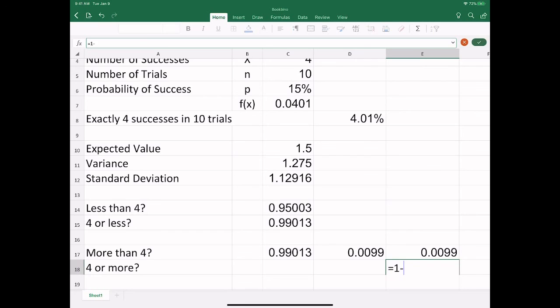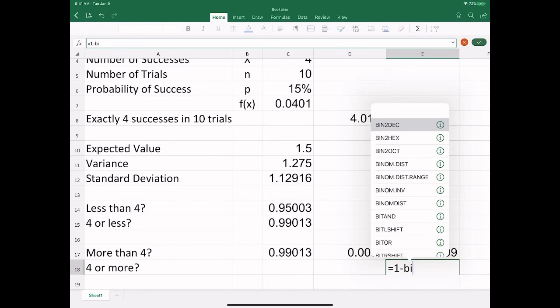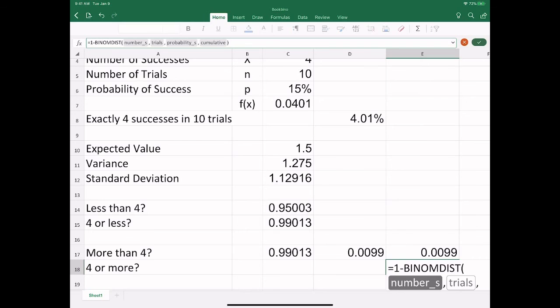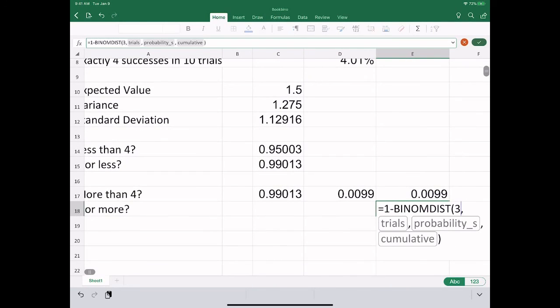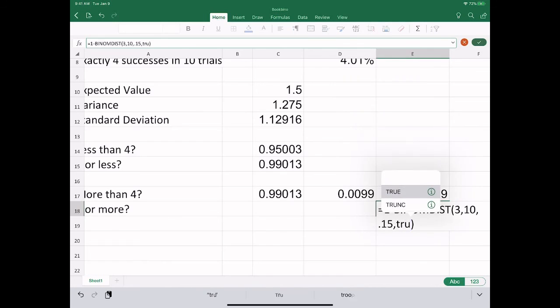If I want 4 or more to be included, the highest number I'm not interested in is 3. So I'm going to put in my binomial distribution. Number of successes in this case is going to be 3. Number of trials is going to be 10. Probability of success is going to be 0.15. And cumulative is going to be true.